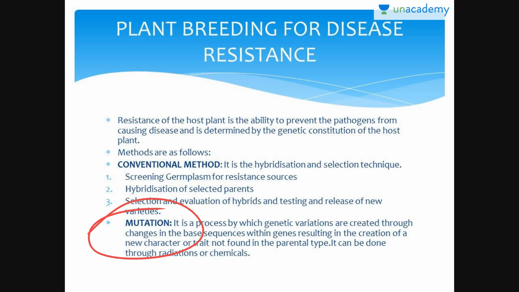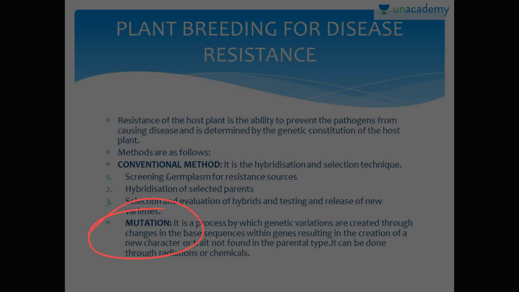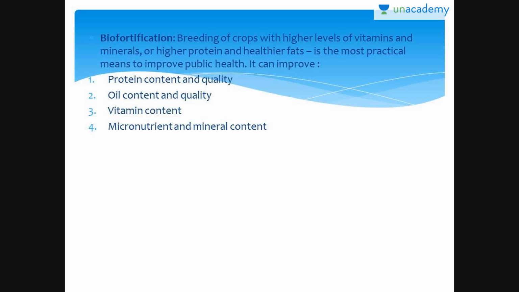The next one is mutation. Mutation is a process by which genetic variations are created with various changes in base sequences within genes, resulting in creation of a new character or trait which is not found in the parental type. It can also be done through radiations or chemicals. The next one is biofortification.